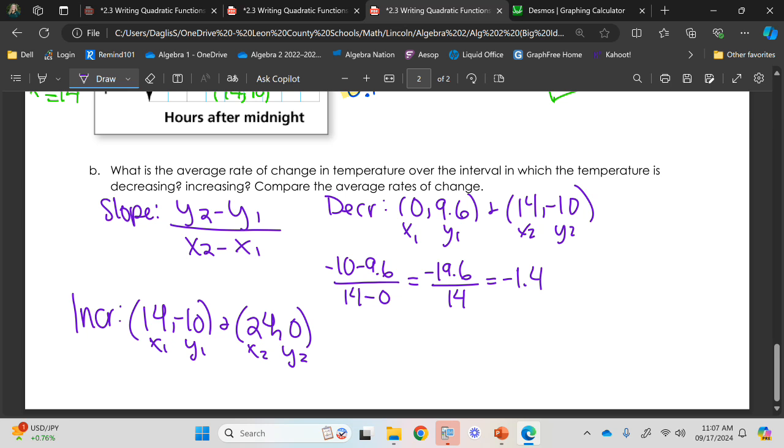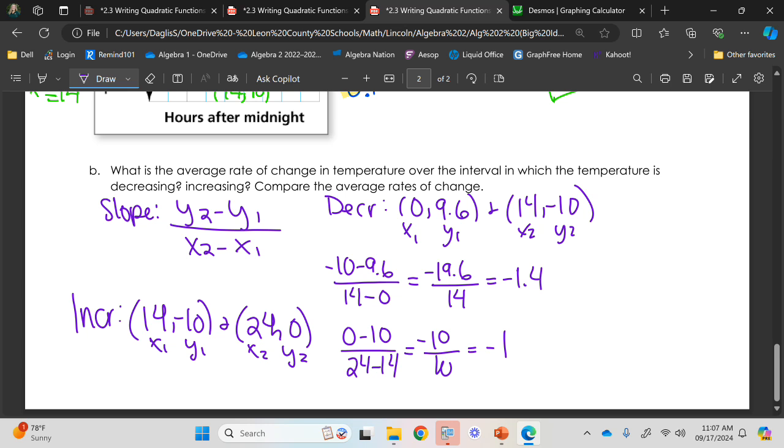What you got? Who wants to help me just set it up first? All right, Harrison. Do you have the answer? I got both. Okay, tell me how you set it up. Put it 0 minus 10, divided by 24 minus 14. Okay. I got negative 10 over 10. And that's negative 1. Awesome. Good. Or it should be positive 1, right?